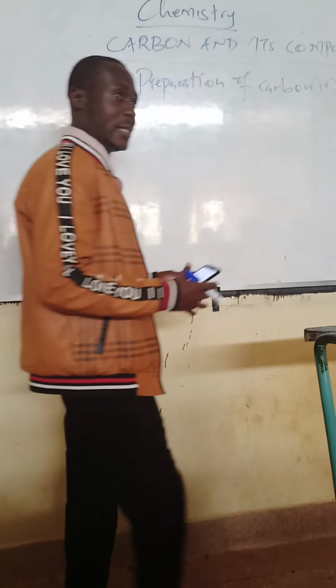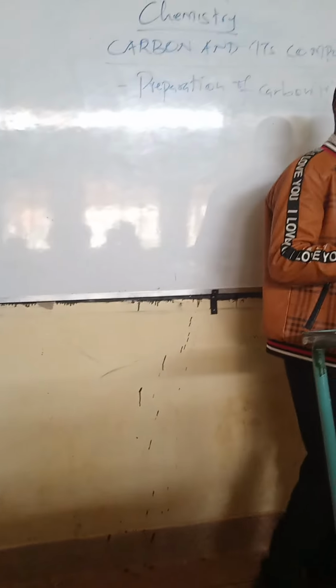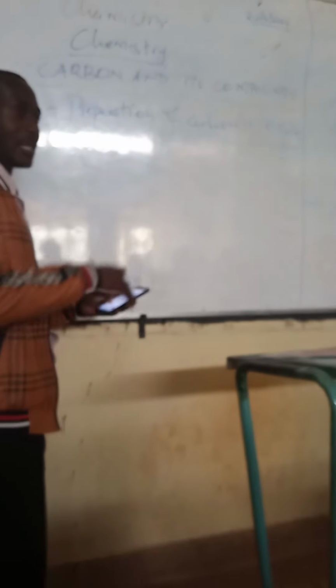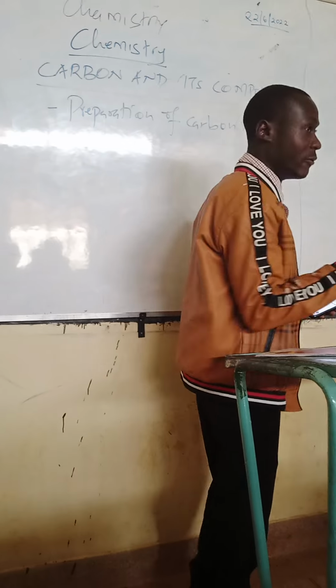So if it is an oxide of carbon, therefore it is made up of oxygen and what? Carbon as its respective elements. Now, this carbon dioxide is a gas that is linked by covalent what? Bonds. So if it is linked by covalent bonds, therefore it has other properties which we'll be looking at the end of this topic.